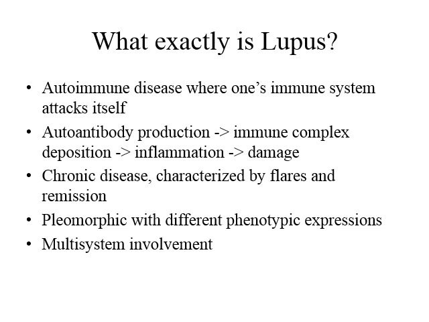Multi-system is involved. So, this is an autoimmune disorder, multi-system involved. It sometimes flares up and sometimes the patient may stay in remission phase, and different types of phenotypic expression may occur.